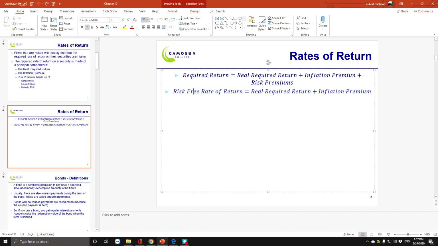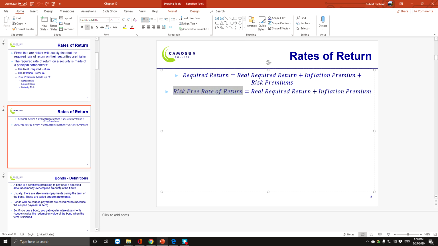The risk-free rate of return, we are often going to refer to more in investments than in corporate finance, but it's still important to know the risk-free rate of return is the real required return plus the inflation premium. Usually we use government bonds, government of Canada securities, or government American bonds, or treasury bills.